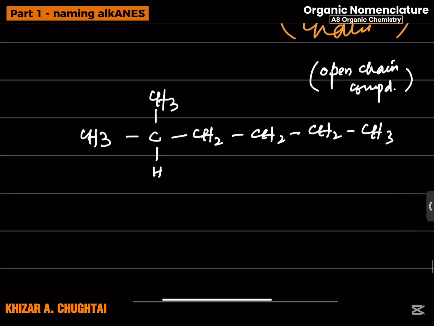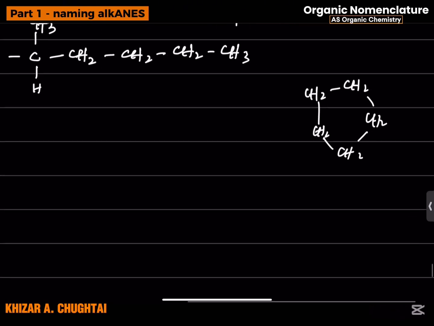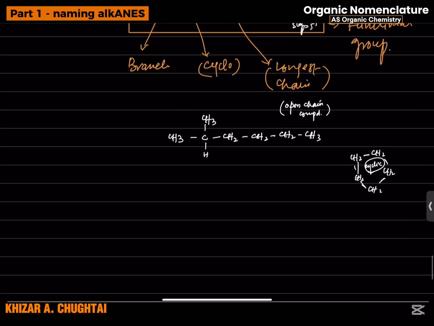Because if the compound has a structure like CH2, CH2, CH2, CH2, CH2 and CH2, there are no edges, no corners, no ends. This whole sequence is in a cyclic form. This is called a cyclic compound, but the other is called an open chain compound.